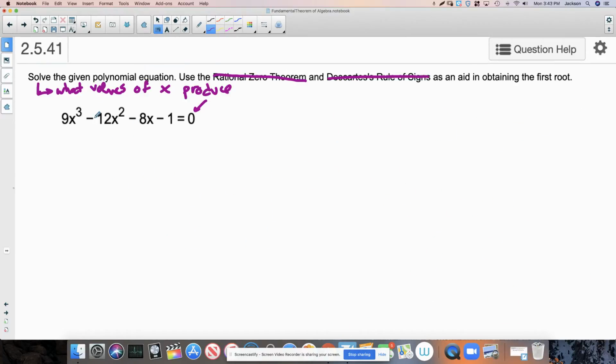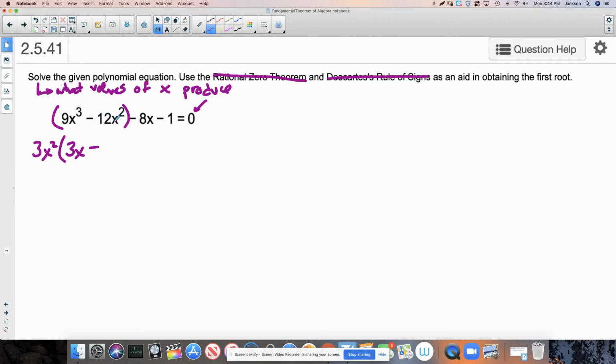So even though they're not saying it, we're still going to factor this. But when you look at this four-termed polynomial, you're like, well, I know I can factor by grouping. Okay, let's try it. What's the common factor in this first group? 9 and 12 are both divisible by 3, and they both have an x squared. If I take 3x squared away from 9x cubed, that's 3x.